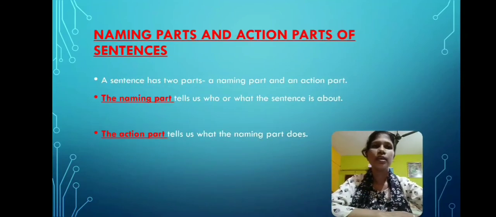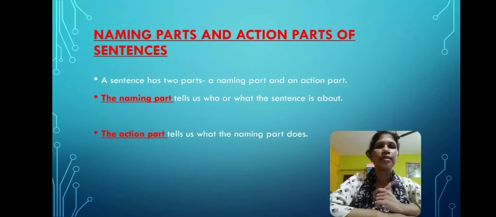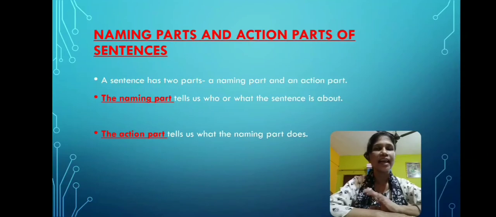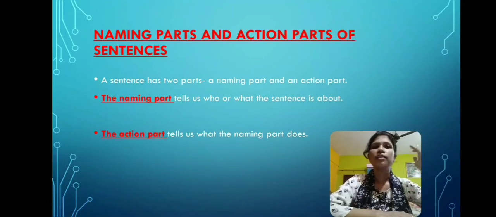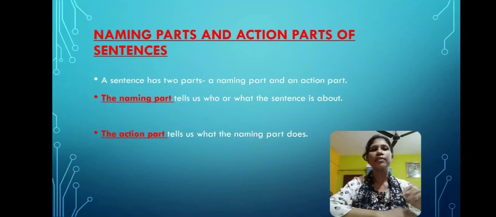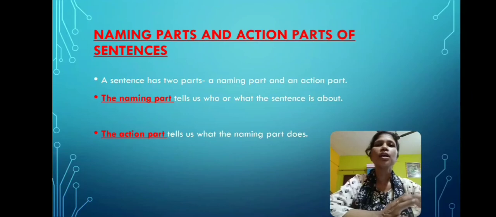Further, we move towards the next topic that we have to revise in this module, which is the naming parts and action parts of sentences. A sentence has two parts, a naming part and an action part. The naming part represents the noun and the action part represents the verb, where the action takes place in a particular sentence.